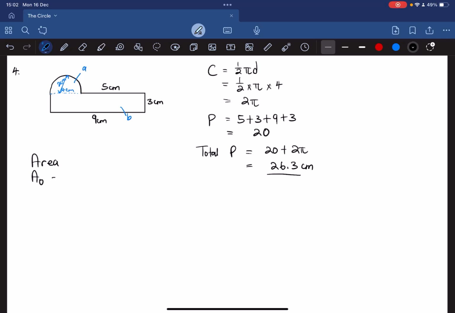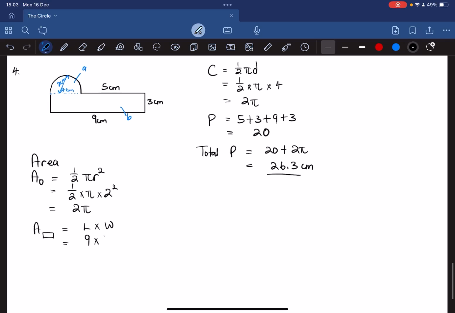Moving on to finding the area, I'm going to start with the area of the semicircle. So that's A, and we get half pi r squared. That's half times pi times the radius, which is 2, since the diameter is 4, squared, and we get 2 pi. I move on to finding the area of the rectangle, which is found by saying length times width, and from this I use the 9 as the length and 3 centimeters as the width.